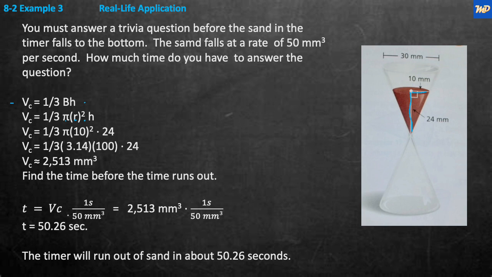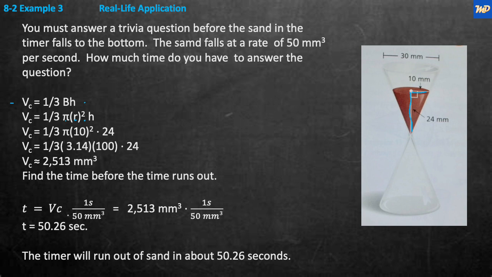So now when we fill in the equation, the volume of the cone is 1/3 pi times 10 millimeters squared times 24 millimeters. Well, we know that 10 millimeters squared is going to be 100, and 24 times millimeters, so that's going to give us a cubed value when we're all done here.